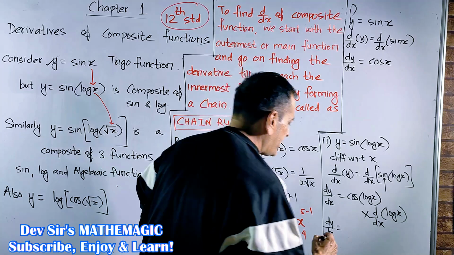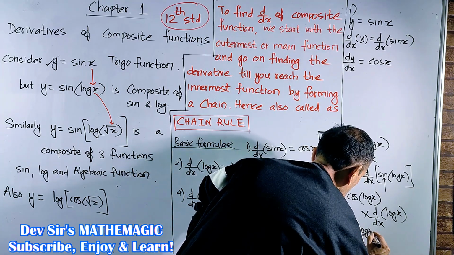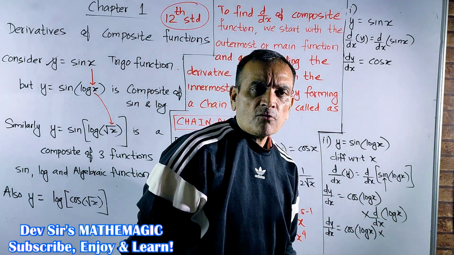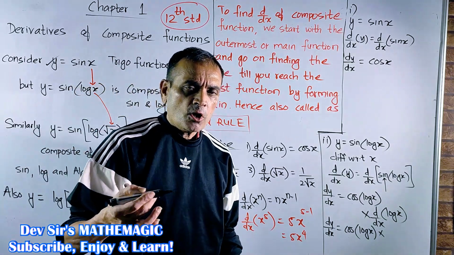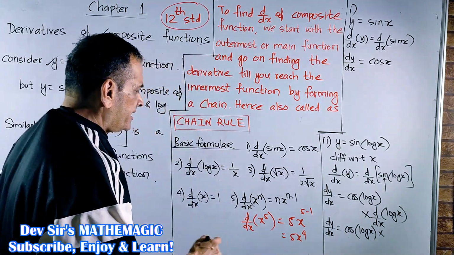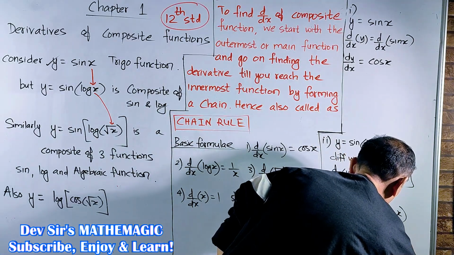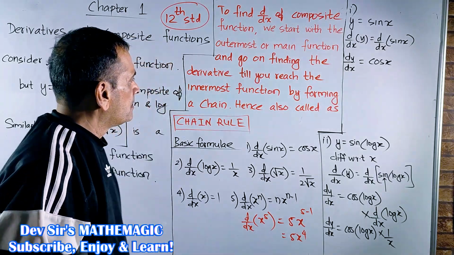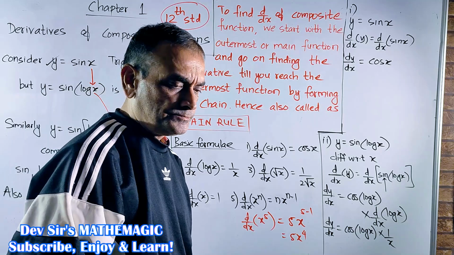Cos of log x I am writing as it is. D by dx of log x formula. Chain form करने के बाद just go on using the various formulae. D by dx of log x is 1 upon x. That's our answer. Finished. Which you can write in a proper way.